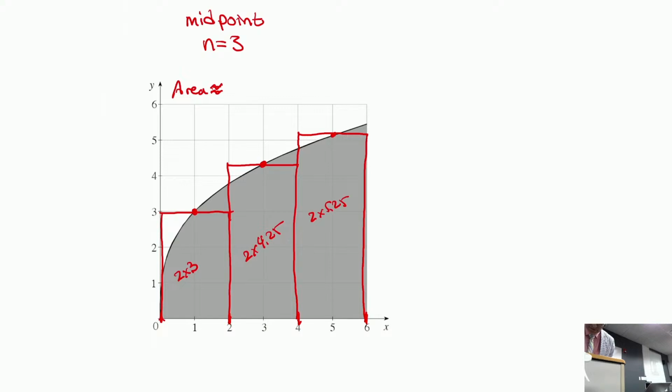So the area is approximately 6 plus 2 times 4.25, which is 8.5. And then this will be 10.5. So 8.5 and 10.5 is 19, 25. So midpoint turns out is oftentimes a better measure.